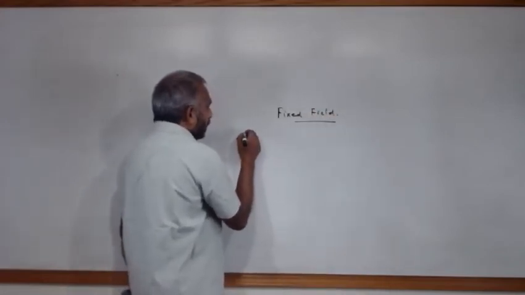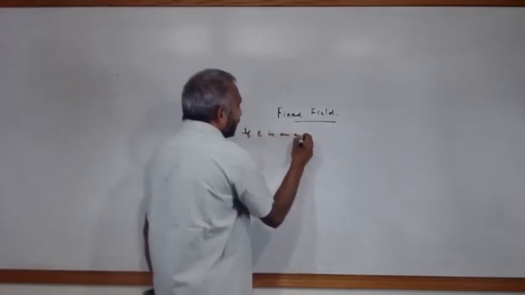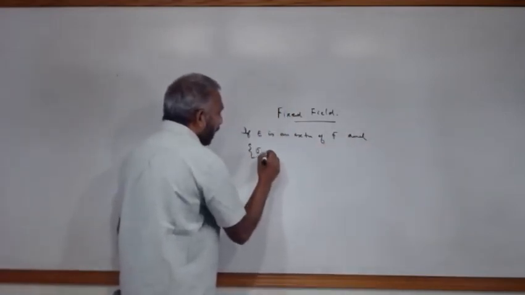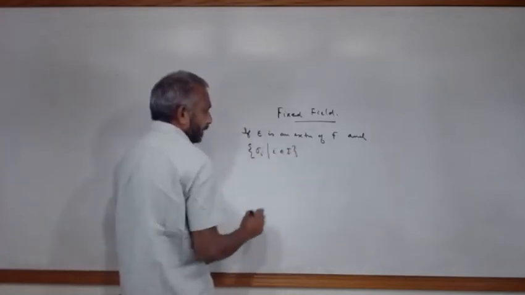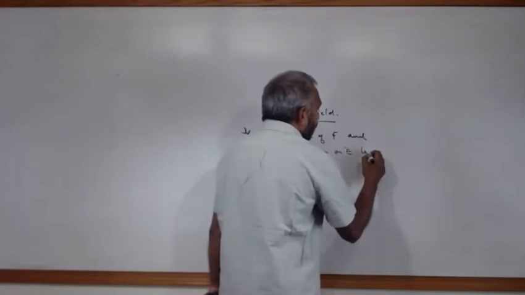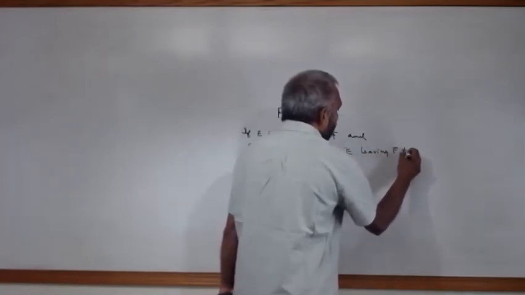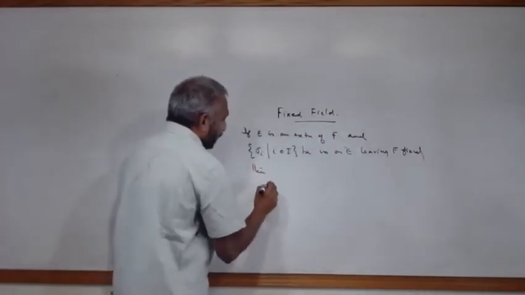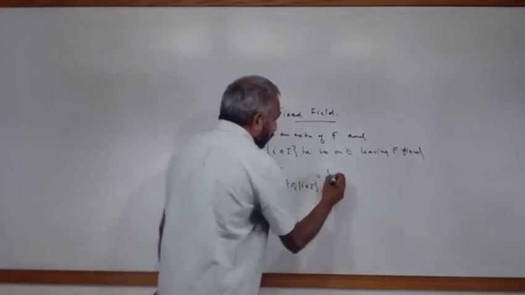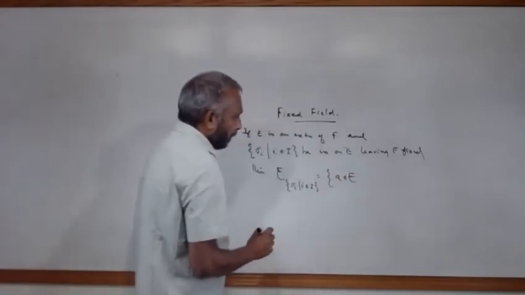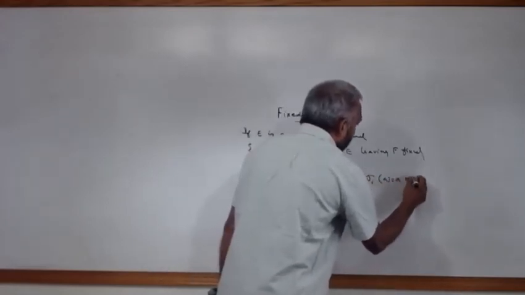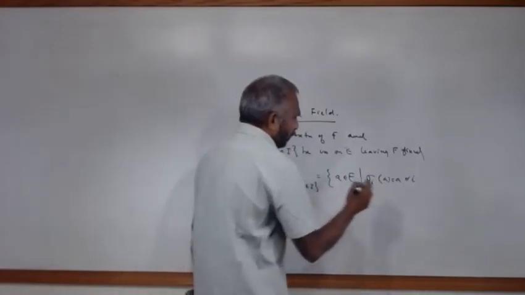So the definition is like this: if E is an extension of F and sigma i, i belongs to some index set, are isomorphisms on E leaving F fixed, then the collection E sigma i, i belongs to I, is equal to all elements from E such that it is not changed by any of the isomorphisms in the collection.